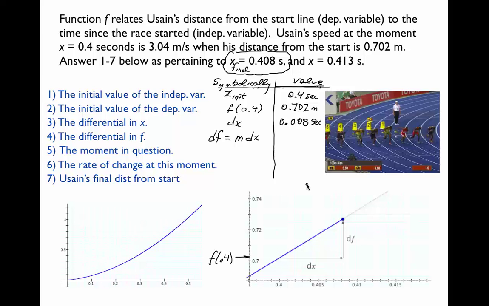So this has to be at the ready. We have constant rate of change. You want the change in the dependent variable. We have the change in the independent. We know that given any change in the independent, the change in the dependent is m times as much, right? So we can do our 3.04 times what?